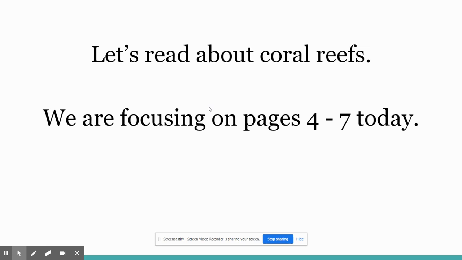Then the photo on the right, elkhorn coral branches out as elk's horns do. So you can see how it sort of has that same look, right? As antlers on an elk, right? Or a deer. So elkhorn coral. So two captions to help us understand what it is that we're looking at in those two photos.